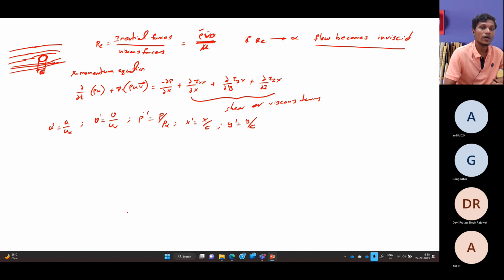So all the dimensional parameters like rho, u, p can be non-dimensionalized using this kind of notation.